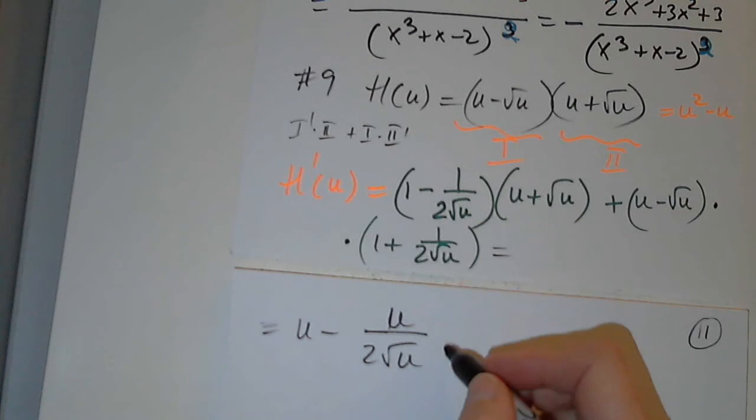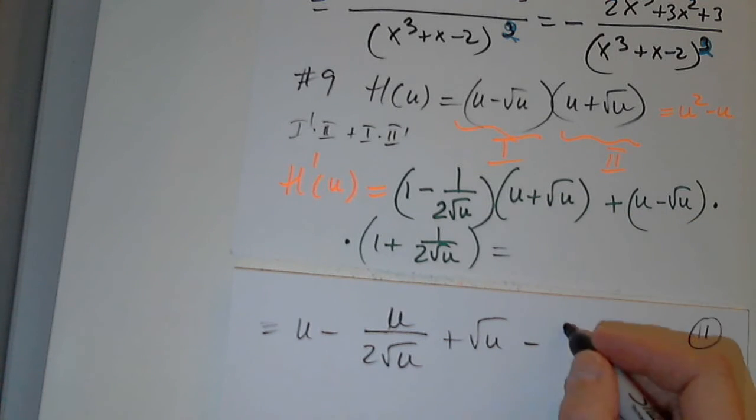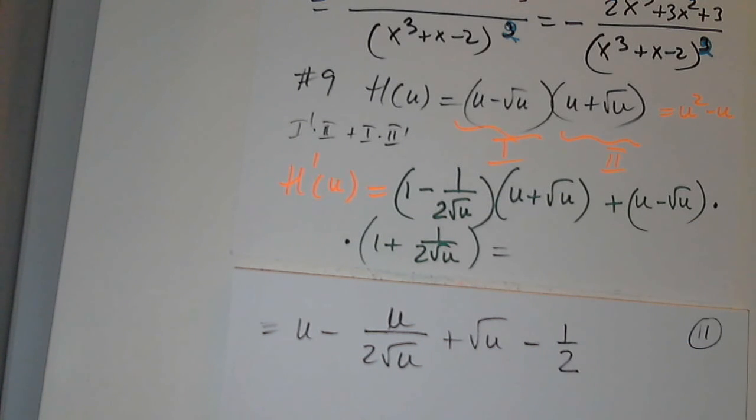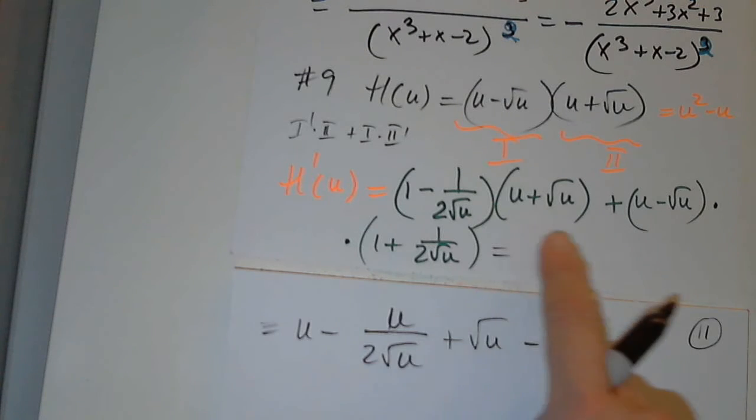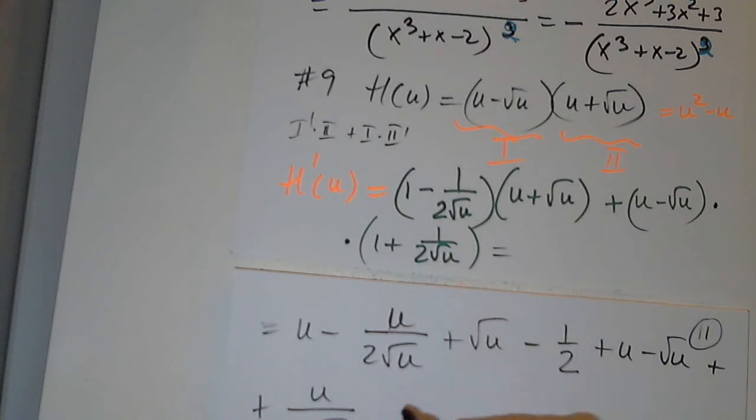the square root of u to this, minus, I simplify and I get minus 1/2. Now 1 to these two, and plus u over 2 the square root of u, and this times this would be negative 1/2.